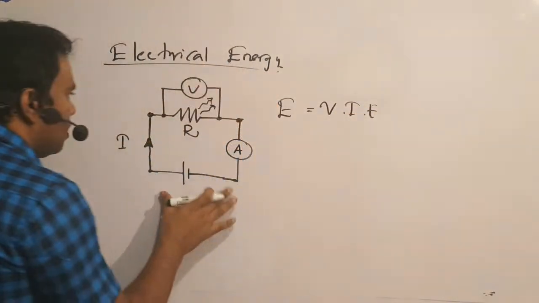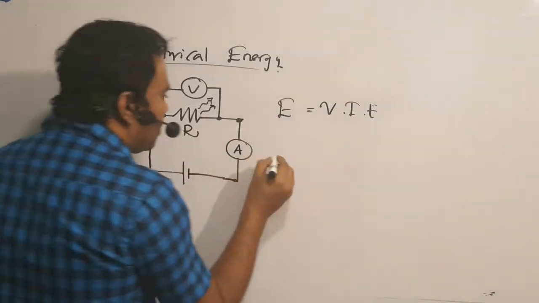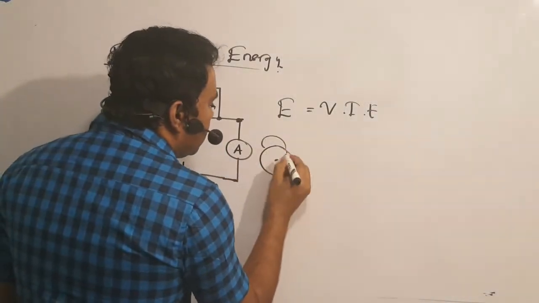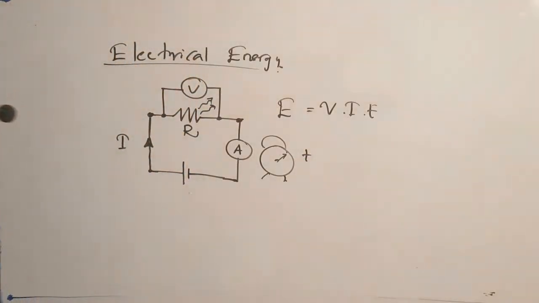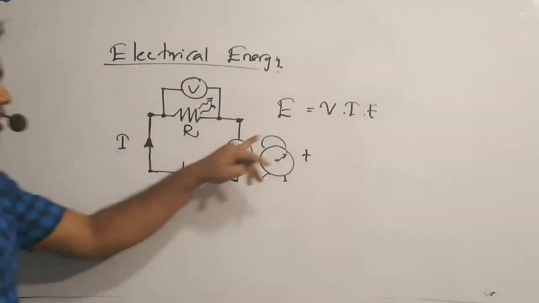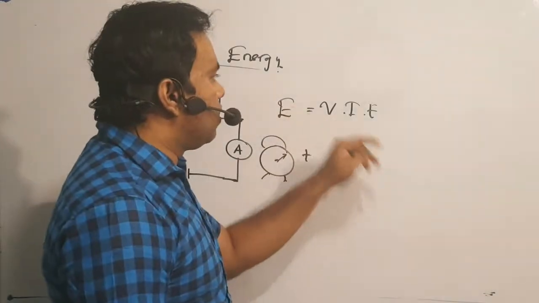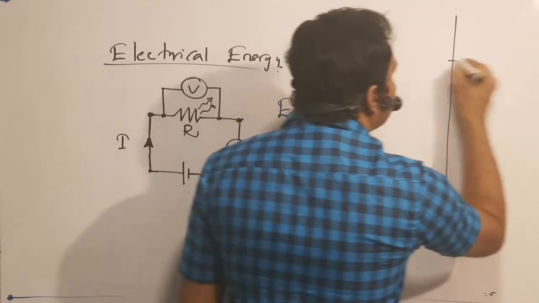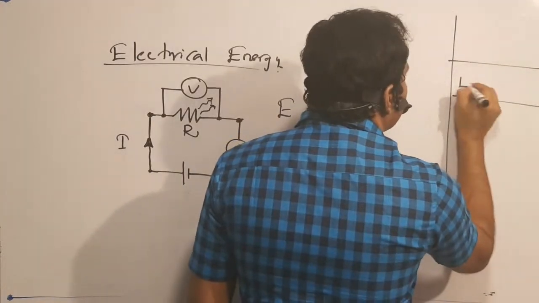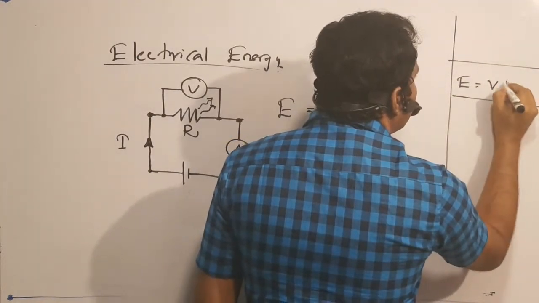Okay, so if this current is passed through t seconds of time, the total energy emitted is E equals VIT. Okay, so let's take down that E equals VIT.